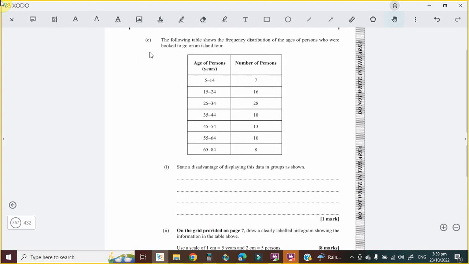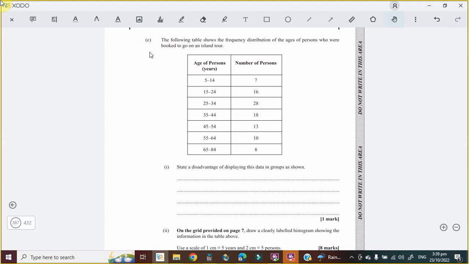All right, look at this now. Part C. So, Aman, read this for us, please. Good. So what's one disadvantage?